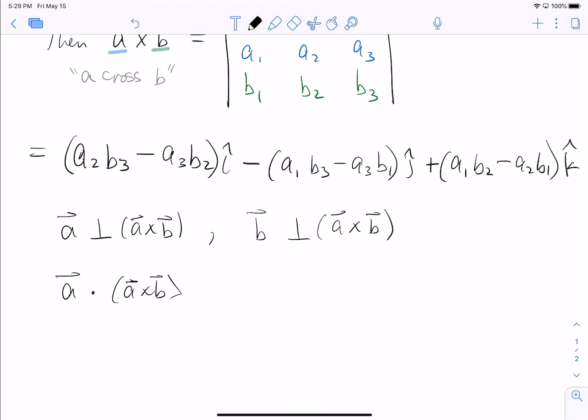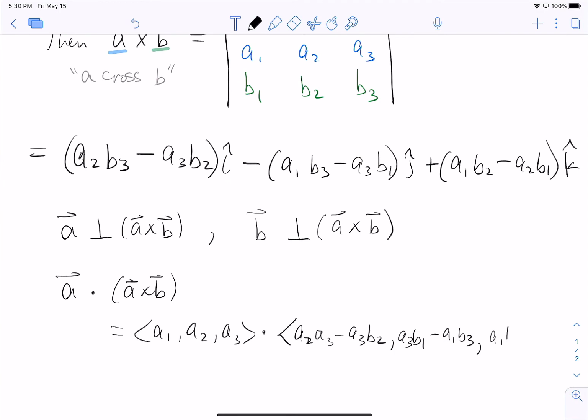You would write that out as a is a1, a2, a3, and a cross b is a2 b3 minus a3 b2, comma, for the j coefficient, don't forget we have to distribute a negative, so I'd write that as a3 b1 minus a1 b3. And then the z component would be a1 b2 minus a2 b1. Form the dot product, see what subtracts out. You'll see that the answer is 0.